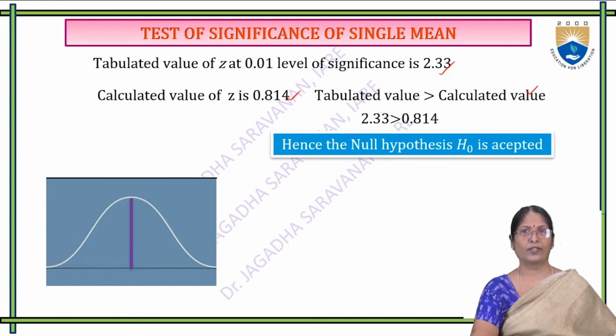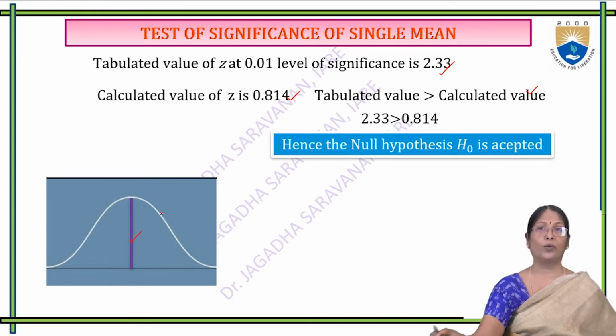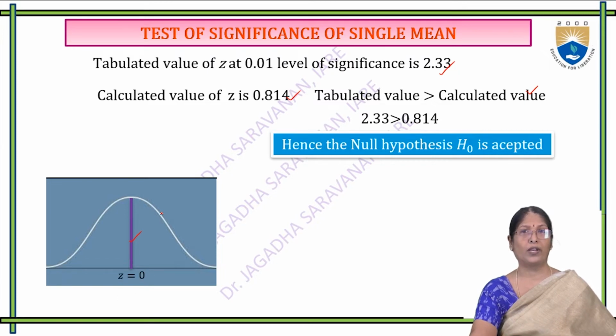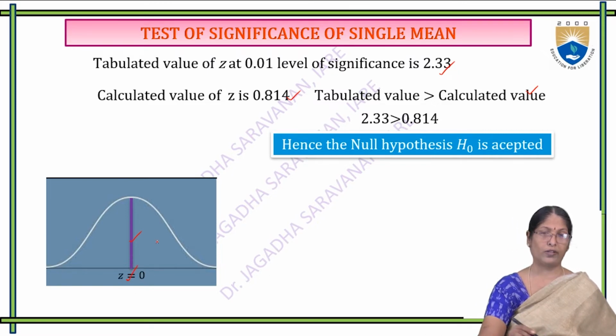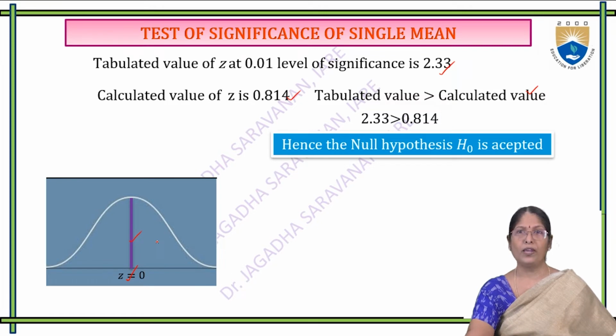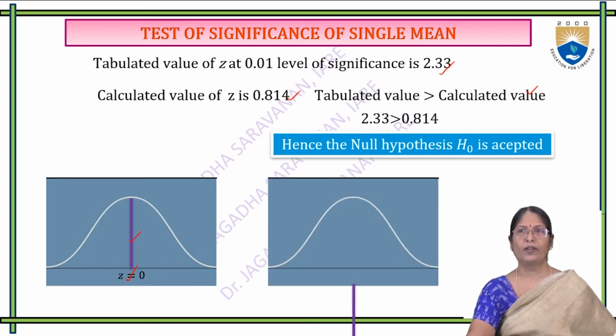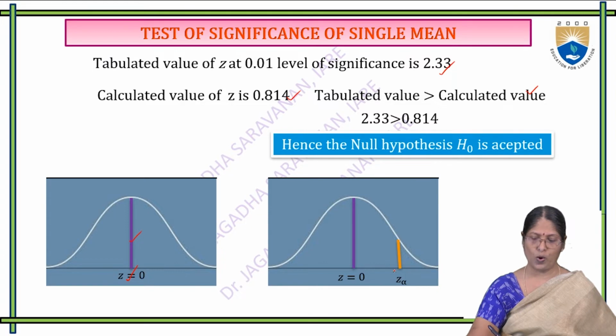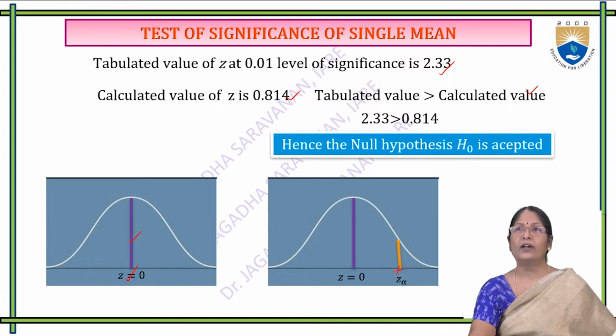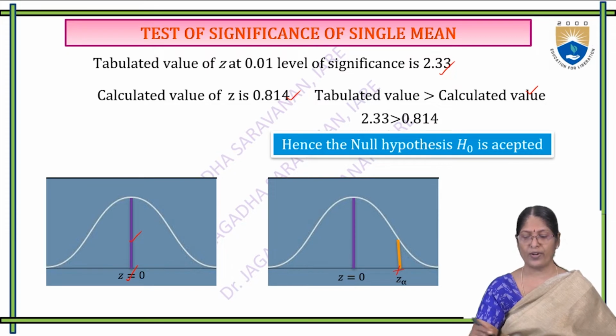This is the normal curve, the bell-shaped curve, and the line divides the curve equally. This is at the mean, z equal to 0. Here we can see the tabulated value. This point is the right tail, the critical region.